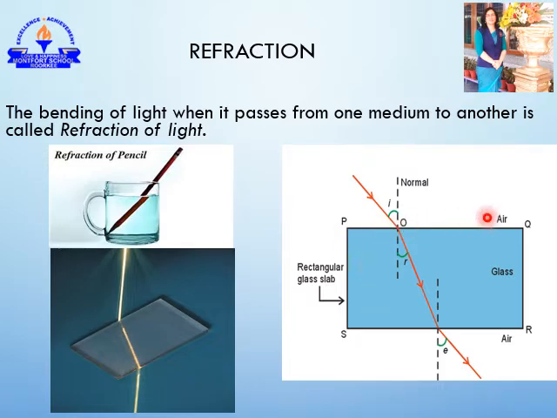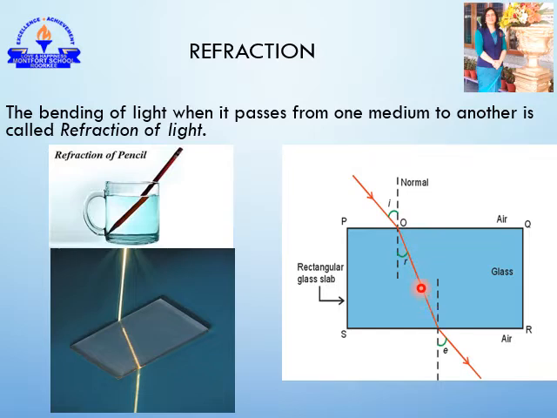In this case, you can see clearly that the first medium is air, the second medium is glass, and again the third medium is air. So a ray of light is entering from air to glass. What happens here? When it enters from air to glass, it bends towards the normal. If we draw a normal, you can see that this light ray is bending towards the normal.